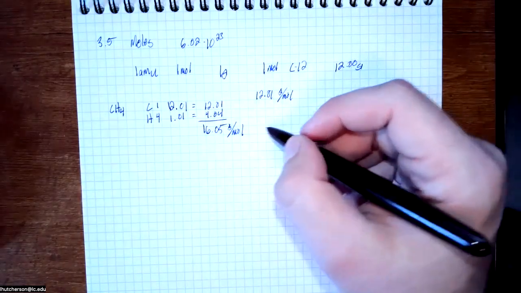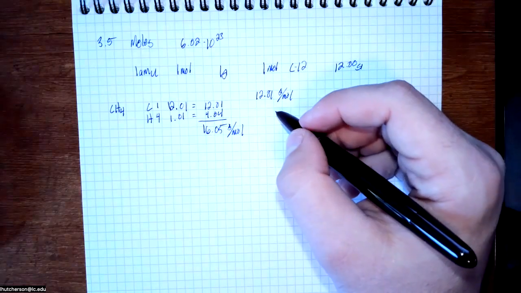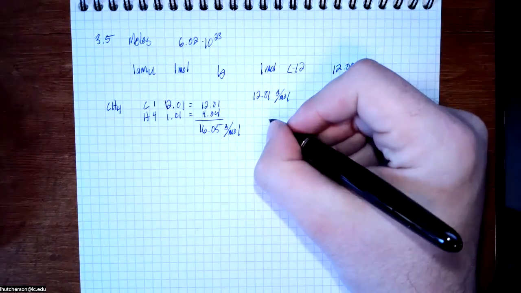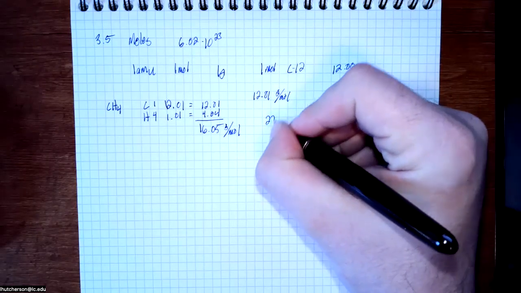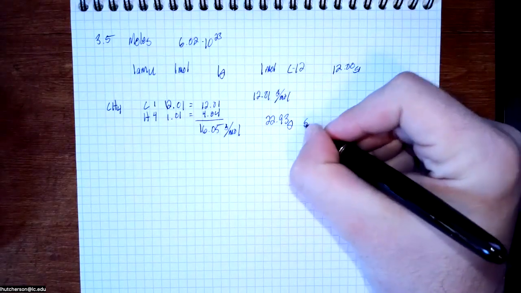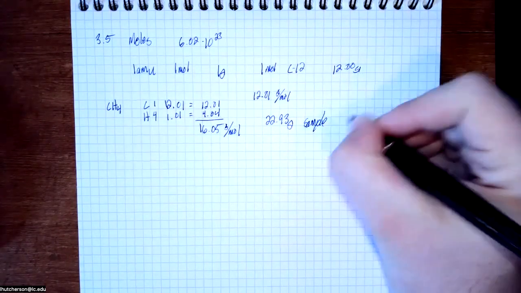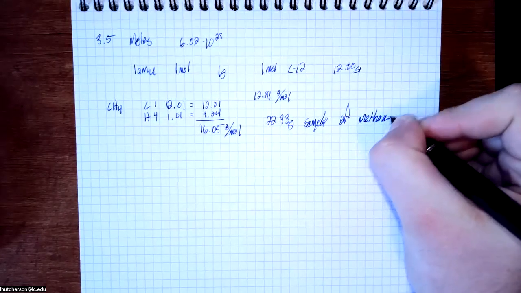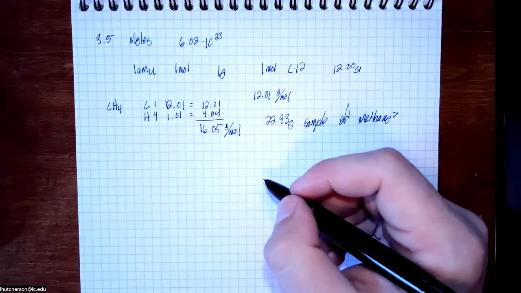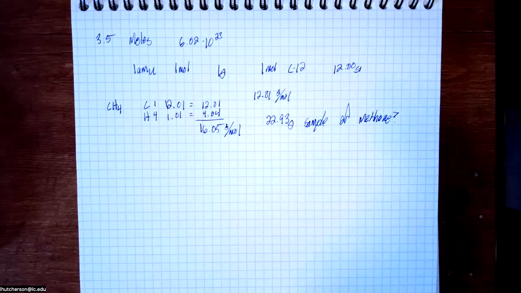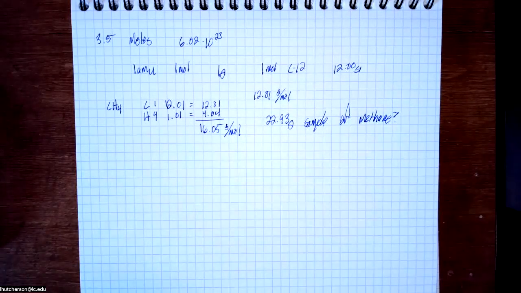All right, so let's say that I tell you I have a 22.93 gram sample of methane.